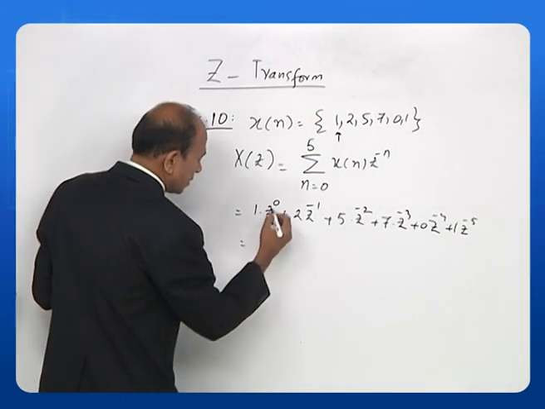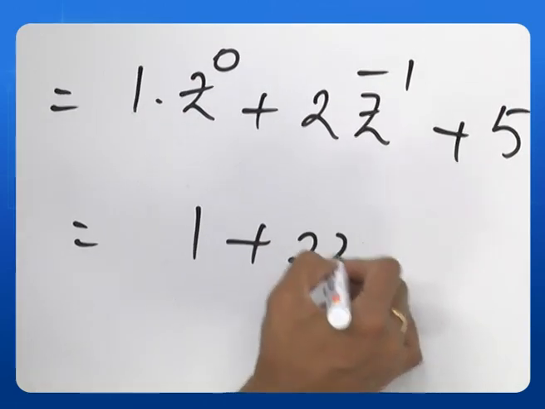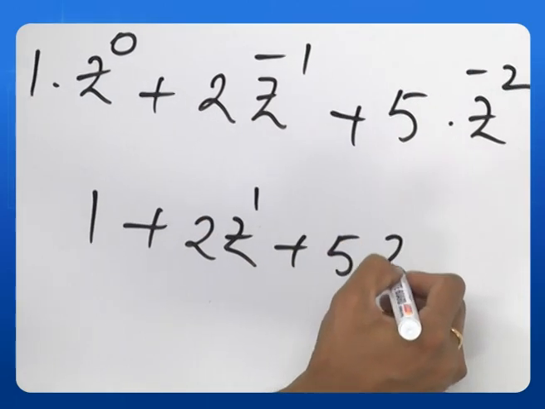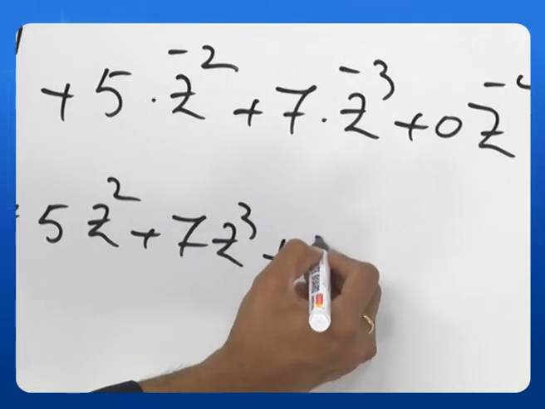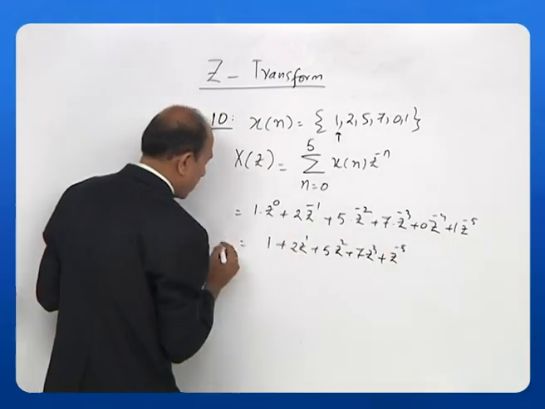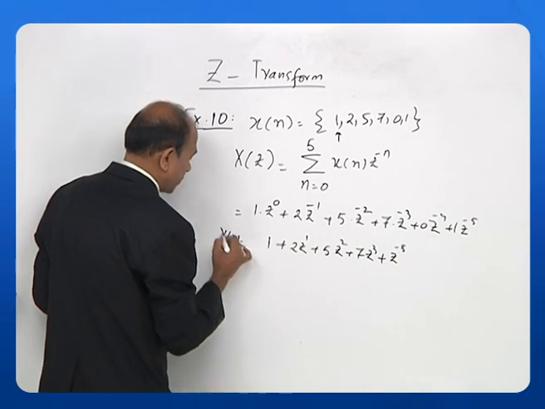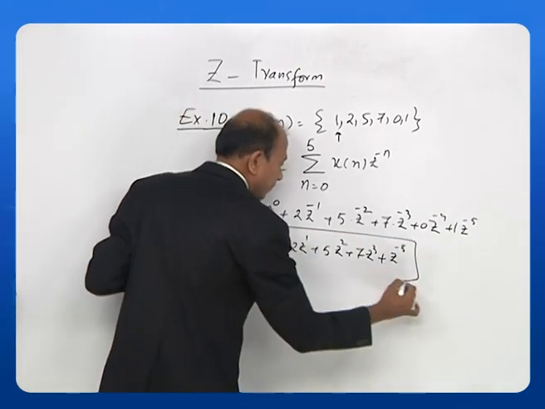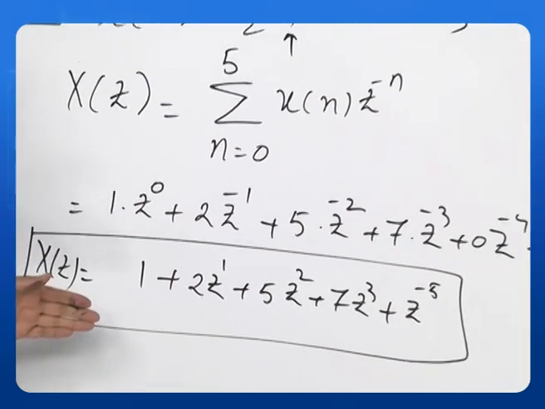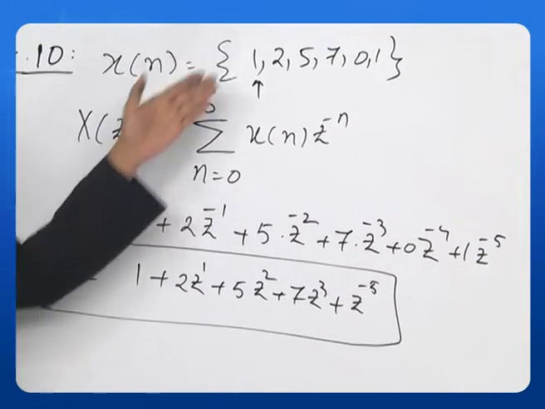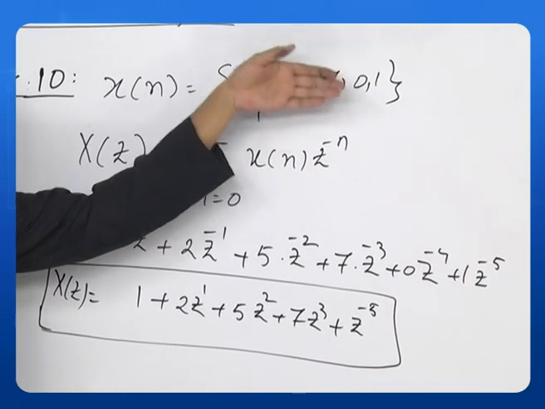So I will get it like this: 1 plus 2 z to the power of minus 1 plus 5 z to the power of minus 2 plus 7 z to the power of minus 3 plus z to the power of minus 5. This is my X of z for the series of points given here.